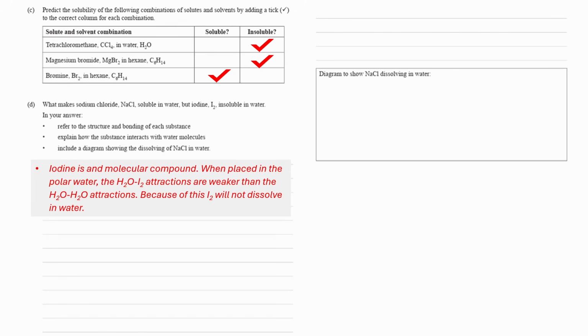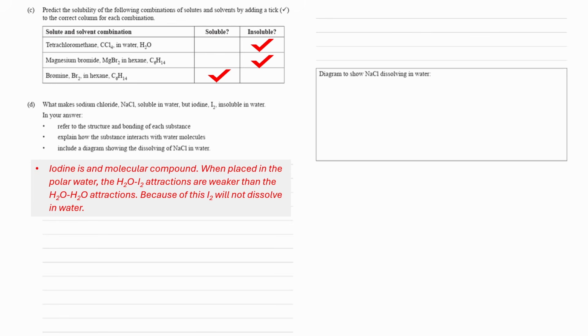It's actually more than that. They produce hydrogen bonds, but we don't learn about that at this level. But water to water attractions are stronger than the water to iodine attractions. Because of this, the iodine will not dissolve in water. The water molecules form strong attractions to each other and don't let any iodine come in between them.